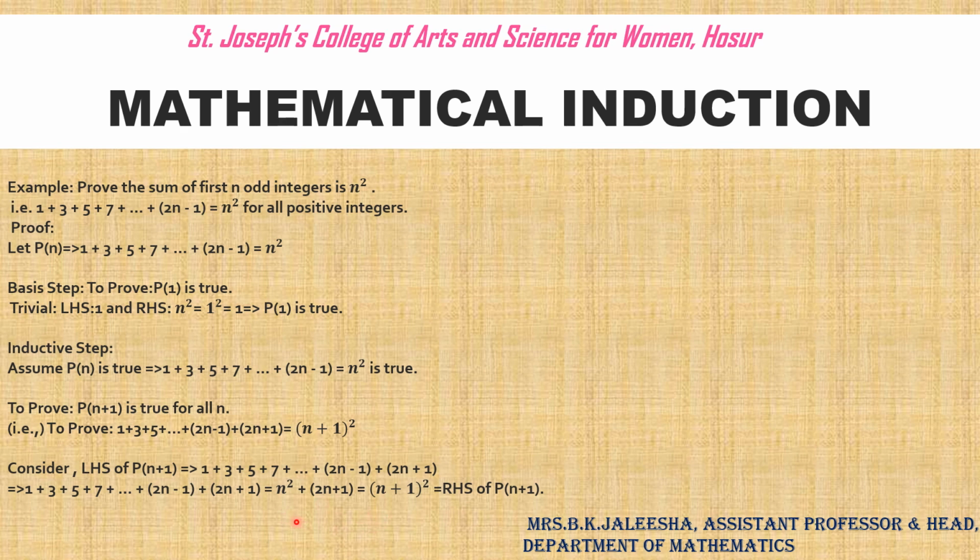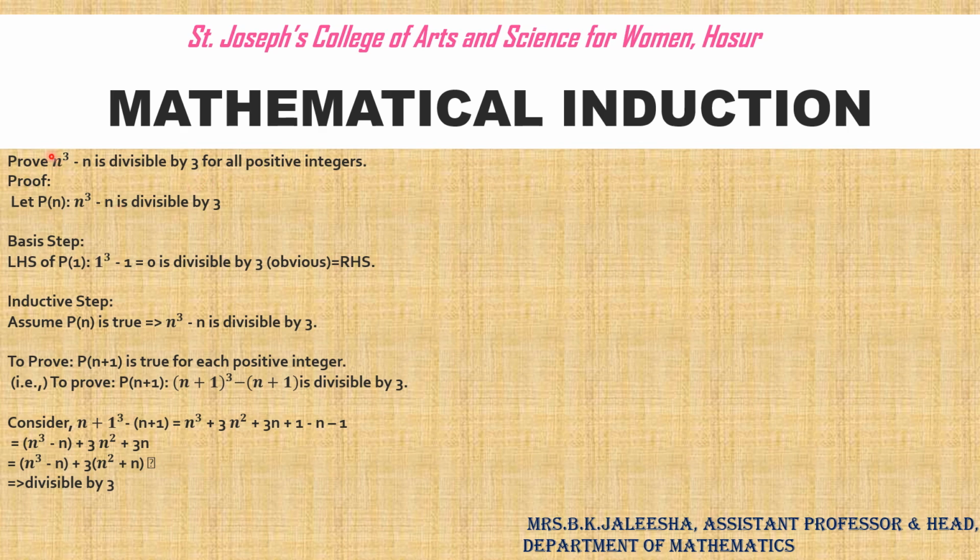Now simplify this by factorizing: n square plus 2n plus 1. This is of the form a square plus 2ab plus b square, where a is n and b is 1. So this represents the formula for n plus 1 the whole square, which is equal to the given RHS. Hence we have proved P of n is true for all the values of n as per the defined values.